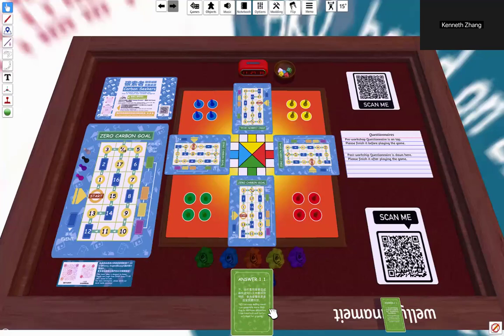So if more than half of players think you're right, then you can throw the dice and decide how many steps you could move forward. So once we use it up, we could drop it in the discard pile.